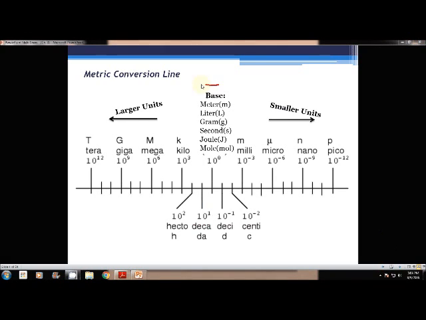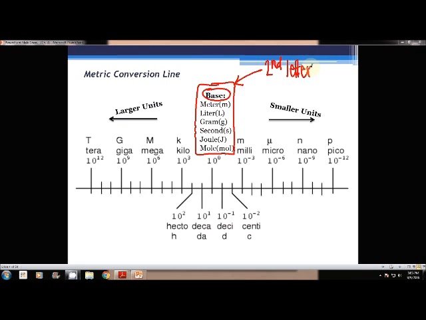If you notice, right in the middle, it says base. These symbols, like the meter, the liter, the gram, the second, those are always going to be the second letter in your unit label on the number.